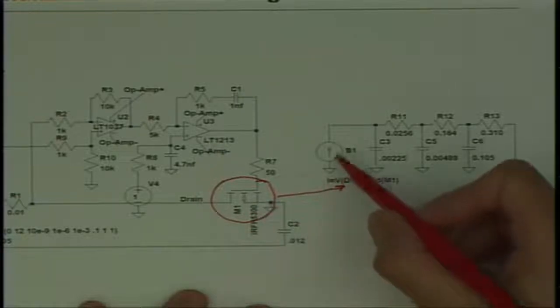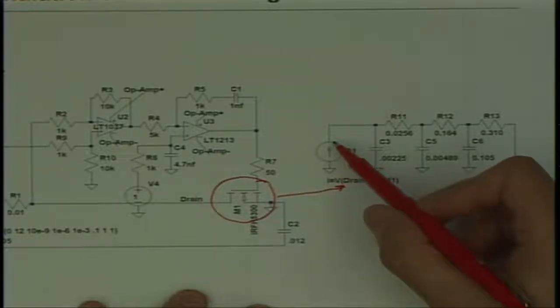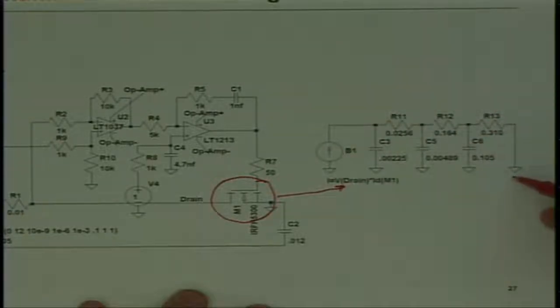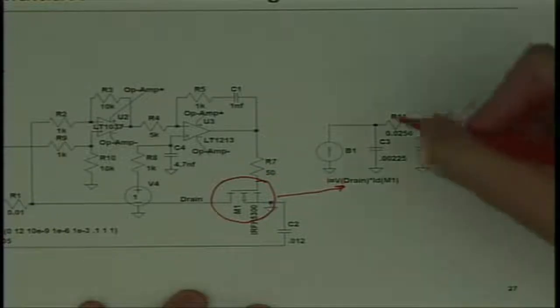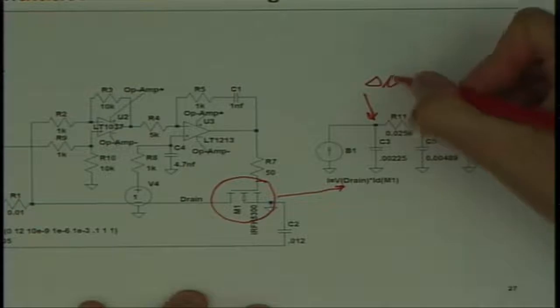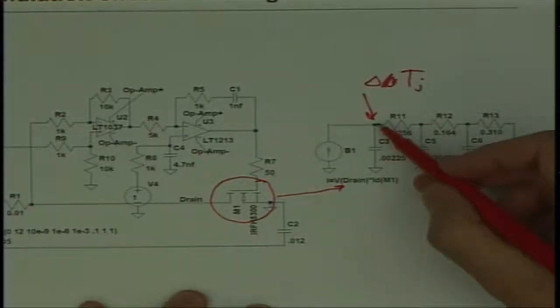In other words, this is power dissipated in this switch, and I apply it to this thermal model. Because I have the output shorted here, the final temperature is 0, meaning I'm looking at delta Tj. And that's what I want to look at.